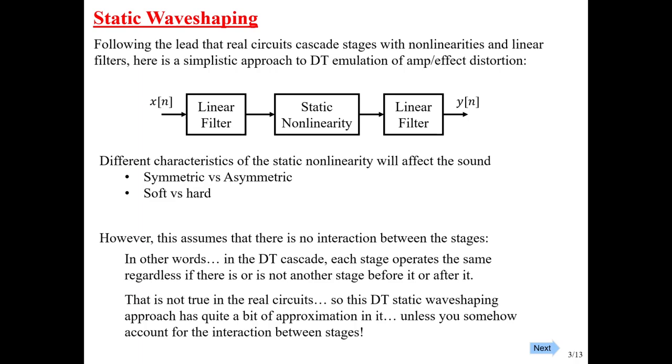We'll see that the stages interact, and we should try to capture that in our emulation, in the models that we use for that. But for right now, in the very simplistic view that things started off in, and in this note set, this is what we're going to view. That's why we call this a static nonlinearity.